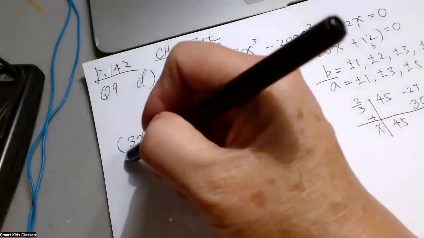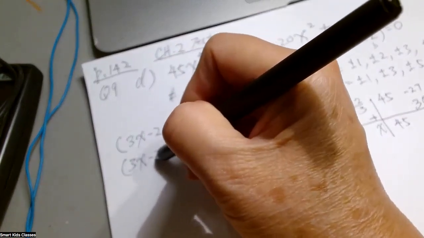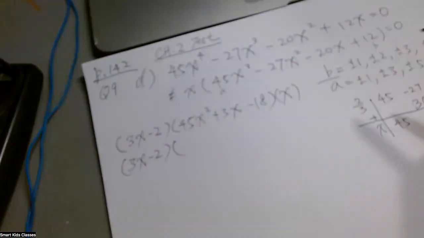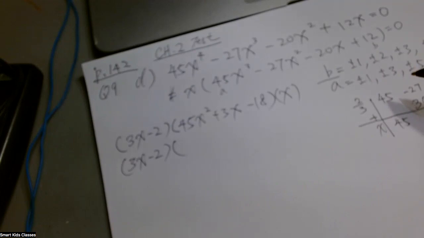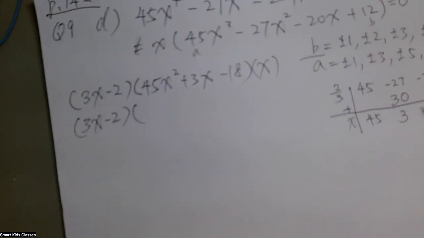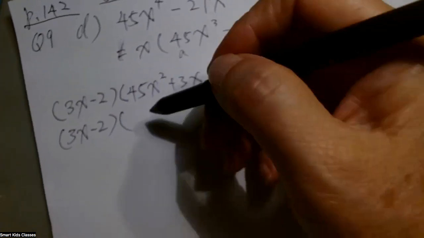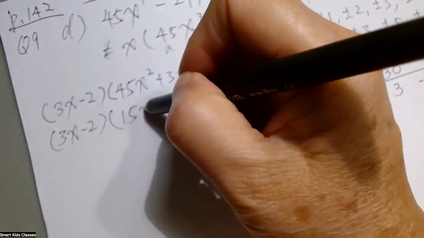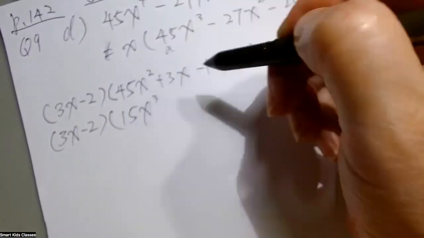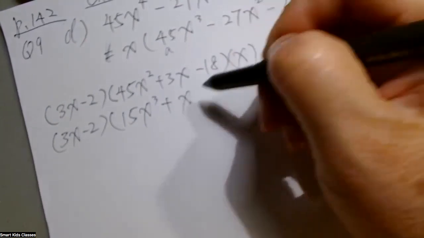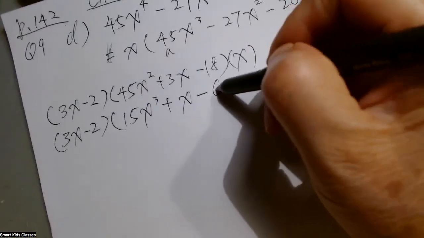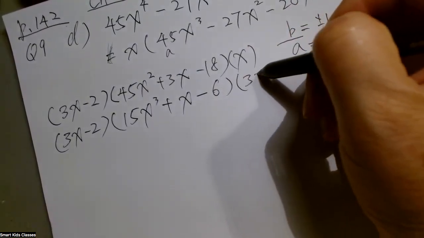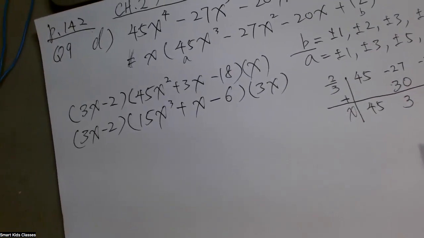So we're going to put 3x minus 2. 45 divided by 3 is 15, so 15x exponent 2, and 3x, minus 6.